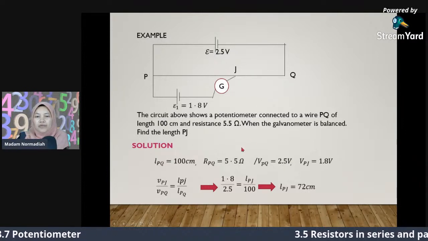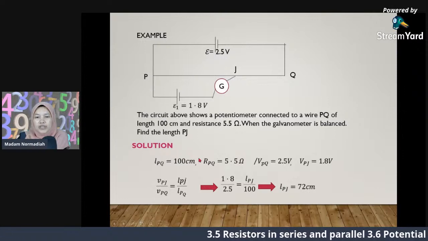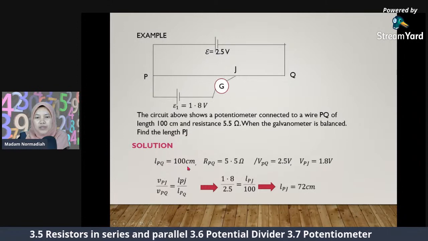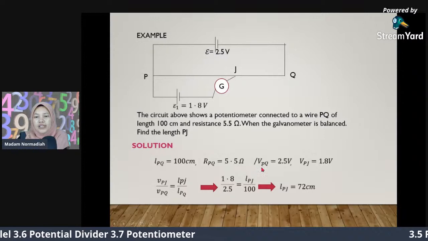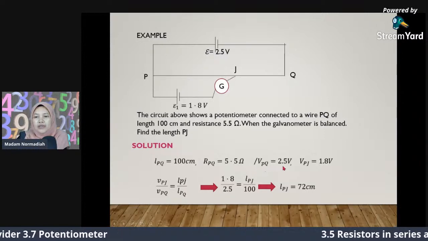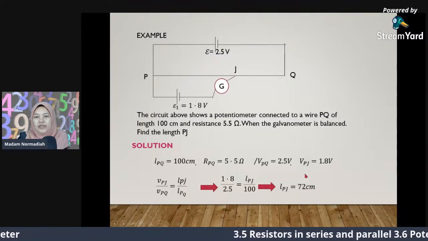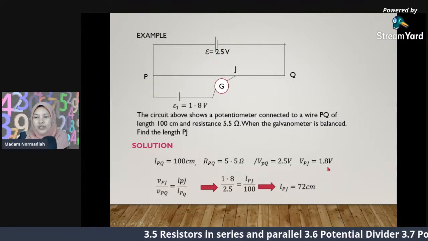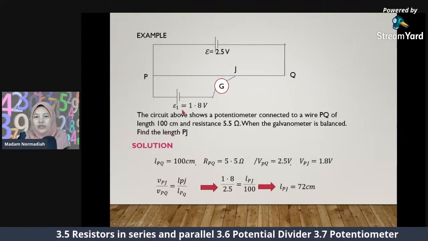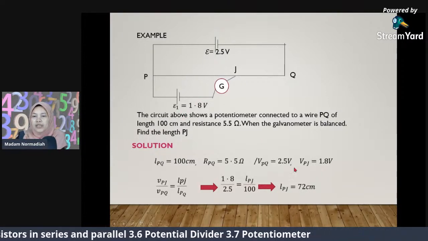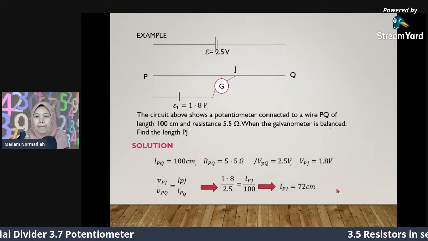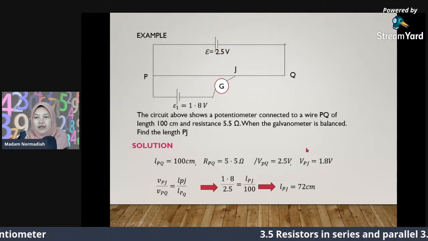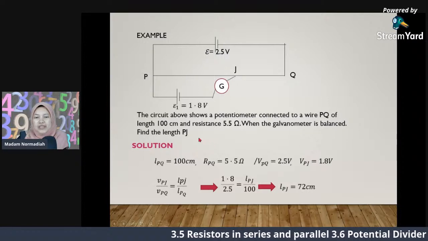First of all, we list down the information from the question, which is length PQ 100 centimeter, resistance PQ 5.5 ohm, voltage PQ 2.5 volt, and voltage PJ equals 1.8 volt, which equals EMF 1 because the galvanometer is balanced. We want to find the length of PJ.